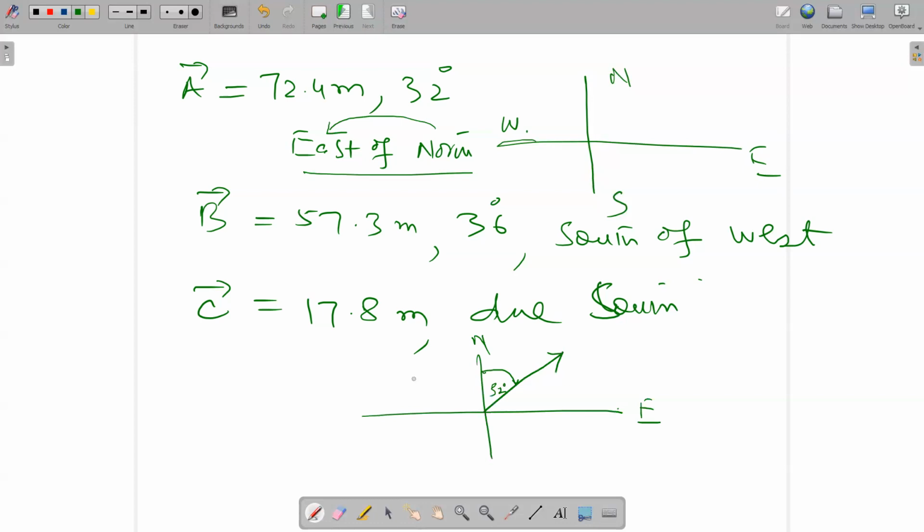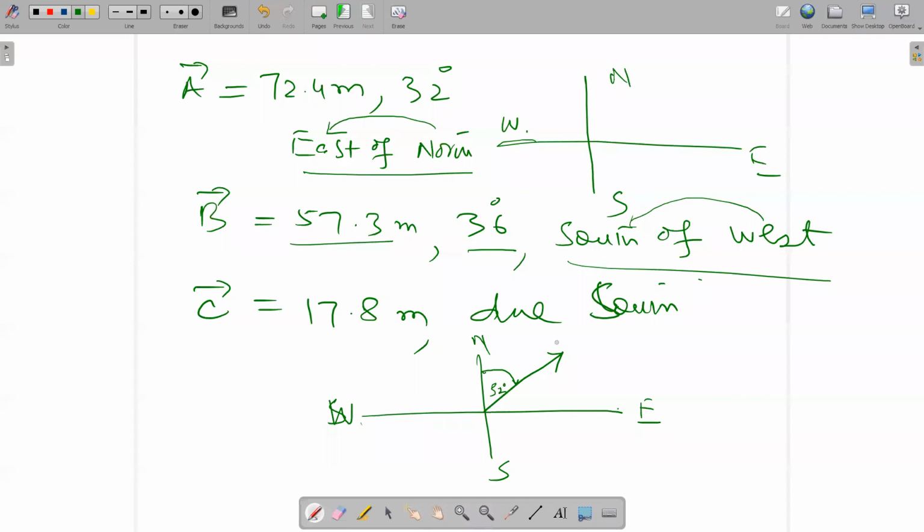The second is 57.3, 36 degree south of west. This is your west, and this is your south. South of west means from west to south. So west to south is this one.